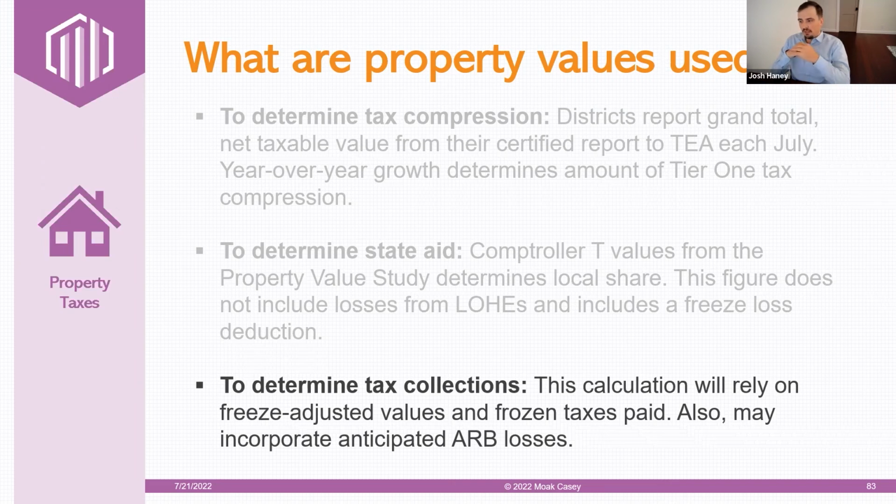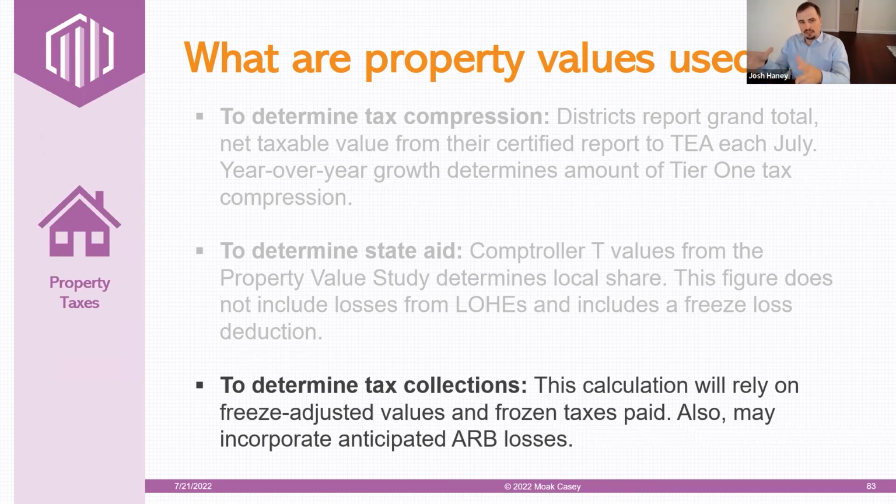You remember for the first two items, for state aid and for tax compression, we used the net taxable number, with all of your over 65 and disabled homes included in that. For tax collections, we're going to use a slightly different number. We're going to start with your freeze adjusted value, which is still on that same report.